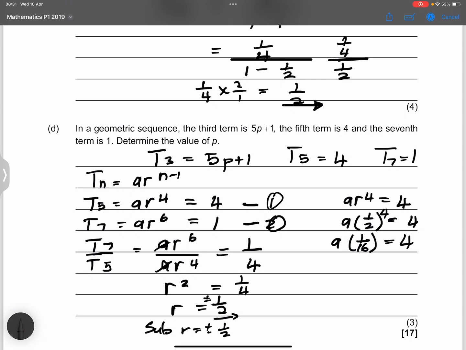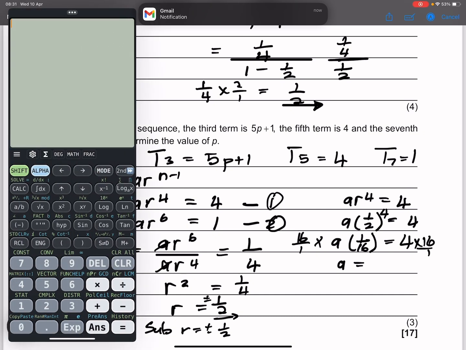So we multiply by 16 over 1 on either side. So our a value would be 4 times 16, and that gives us 64.